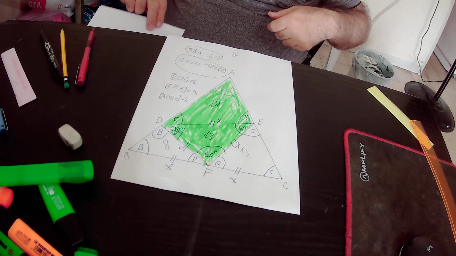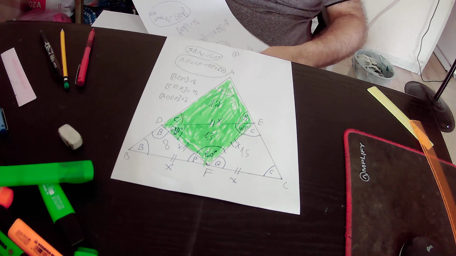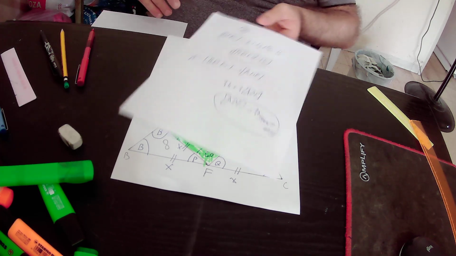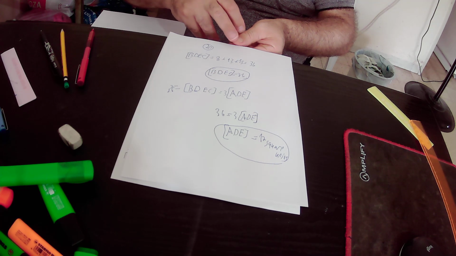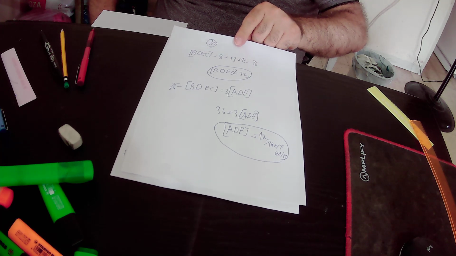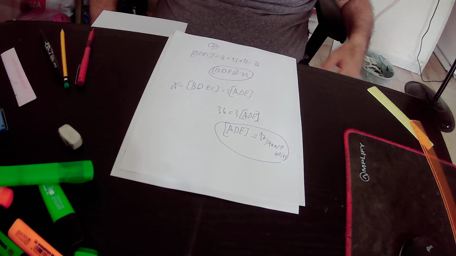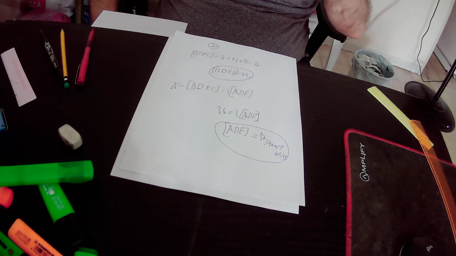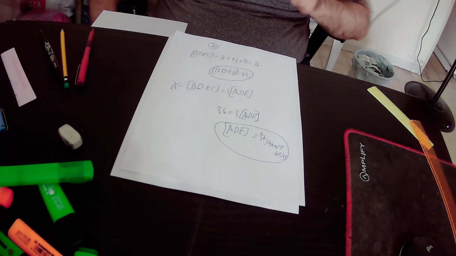So in total, the area of quadrilateral BDEC equals 8 plus 13 plus 15, that is actually 36 square units.